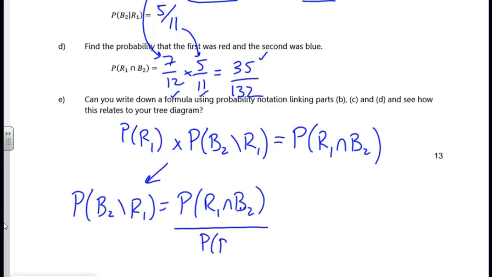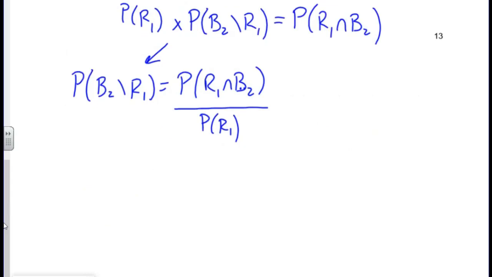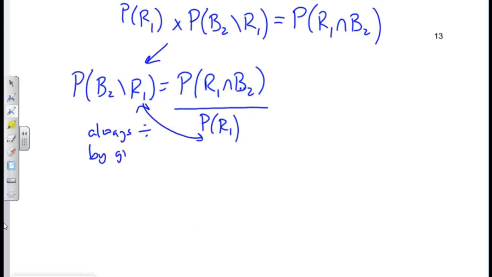What's important here is I'm always dividing by the given that, because I'm taking it out of the given that only. So always, I'm only taking it from the red, so I'm dividing by the red.